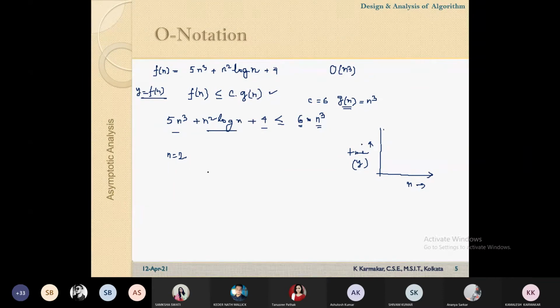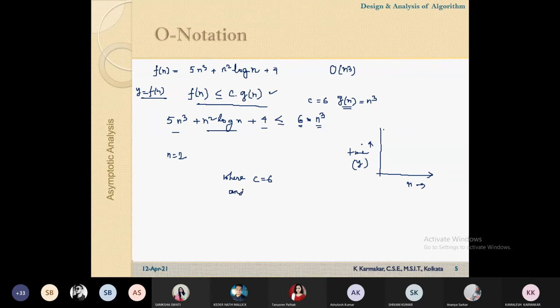So we can say that f(n) is being satisfied by this inequality, where c equals 6.